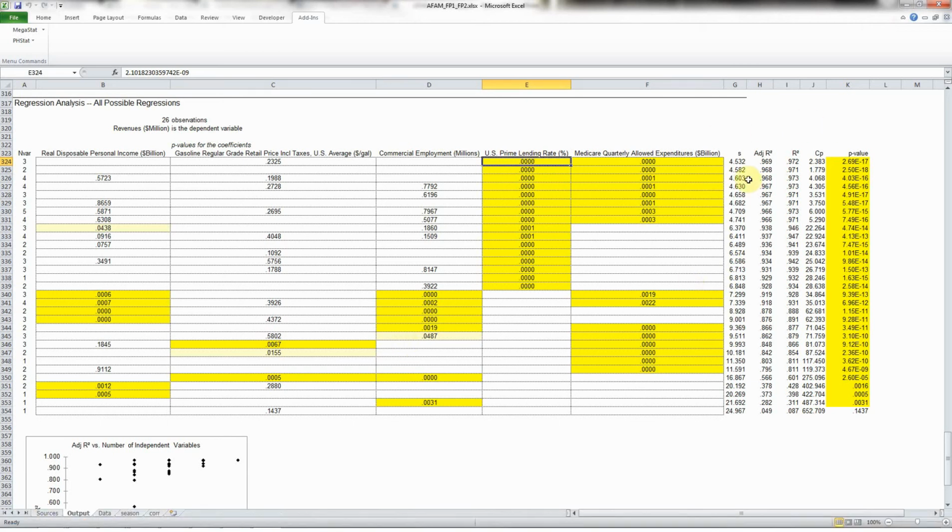Now, if you have the Mallows statistic, then you can look at the absolute value of CP minus P. If I go over here and say equals the absolute value of CP minus P, like that, that's going to tell us how close the CP is to P, the number of variables.